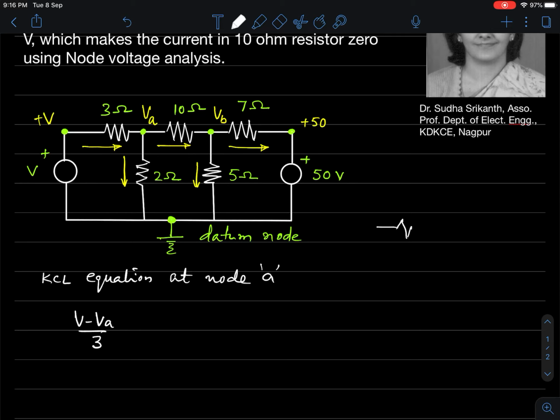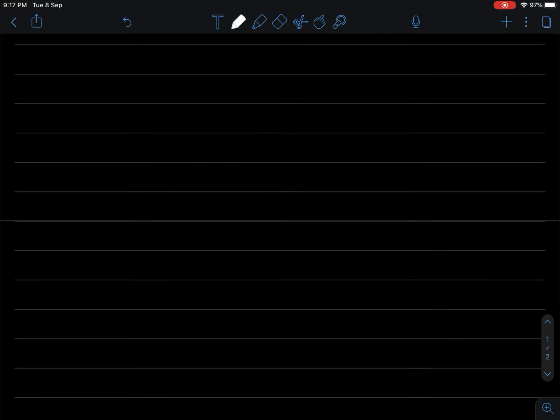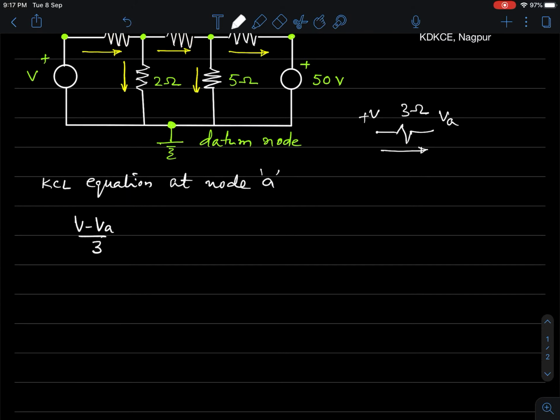This is the 3 ohm resistor. This is plus V and this is VA. The current flows from higher potential to lower potential. What is the magnitude of current? V is at a higher potential, VA is at a lower potential.